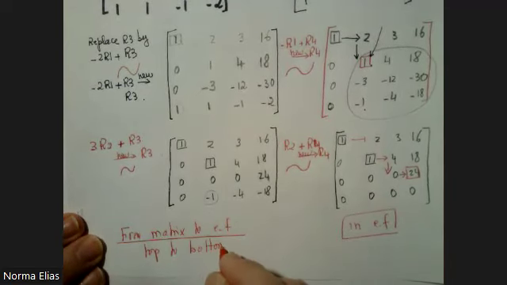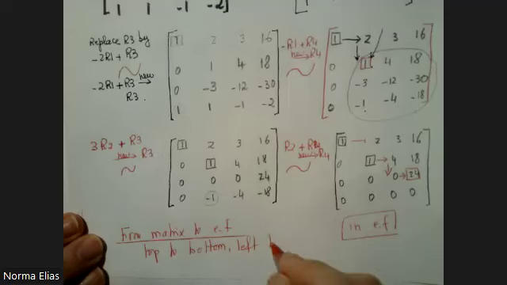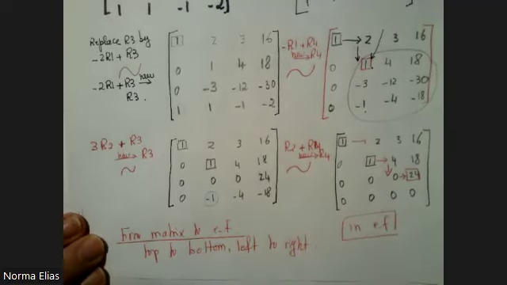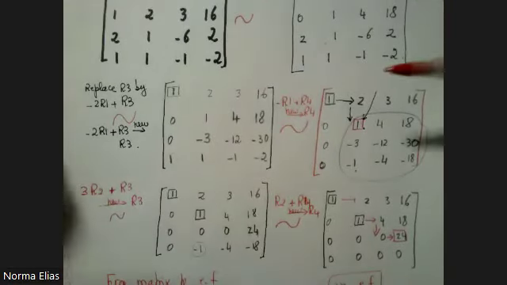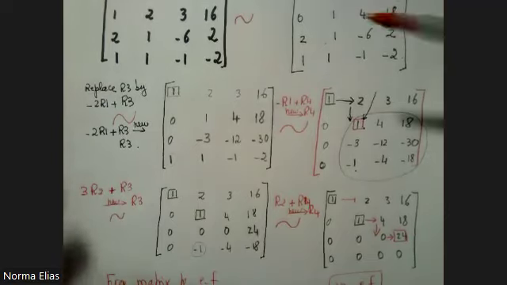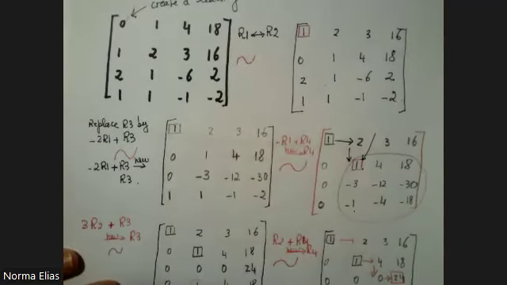And that's the algorithm that we'll be using basically till the end of the semester to go from a matrix to its echelon form. And as you realize, it's very much based on the idea of how we solve the system by Gauss elimination. That's really where the idea is coming from.